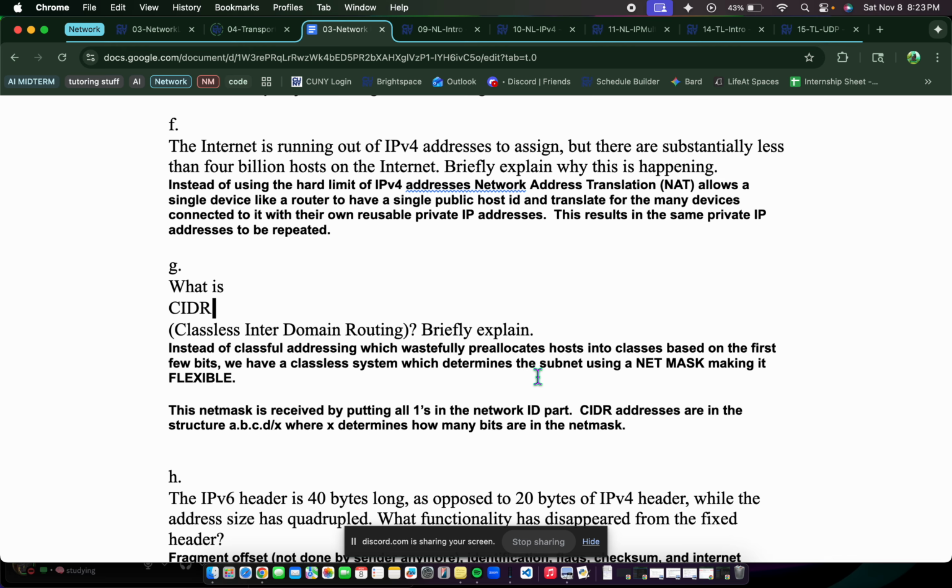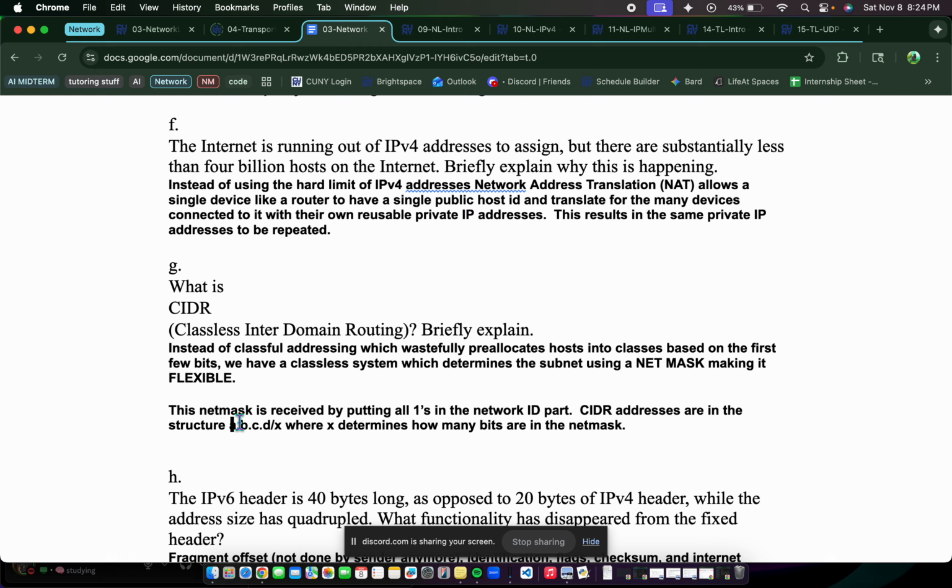So with that, it's kind of wasteful because you're pre-allocating them. What if you need more of class A, but you can't because class B is taking up that row? So with CIDR, we are able to have that /x at the end, and that /x tells us how many bits are going to be allocated to our net mask.